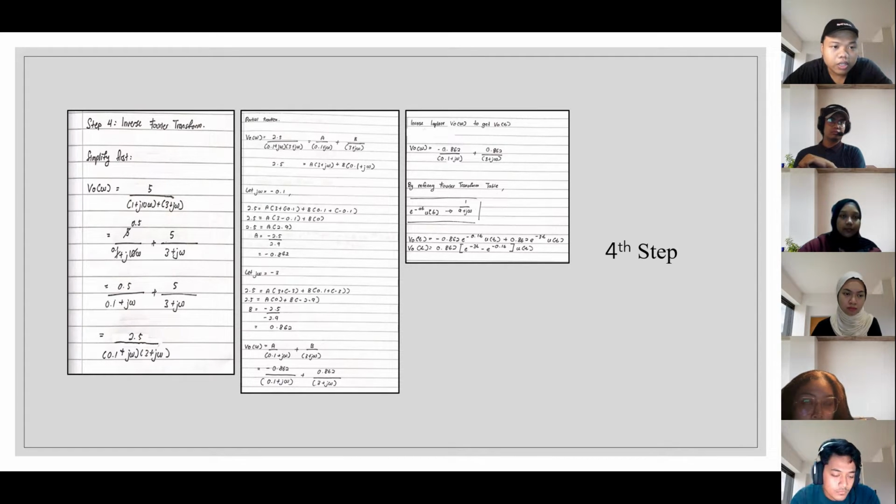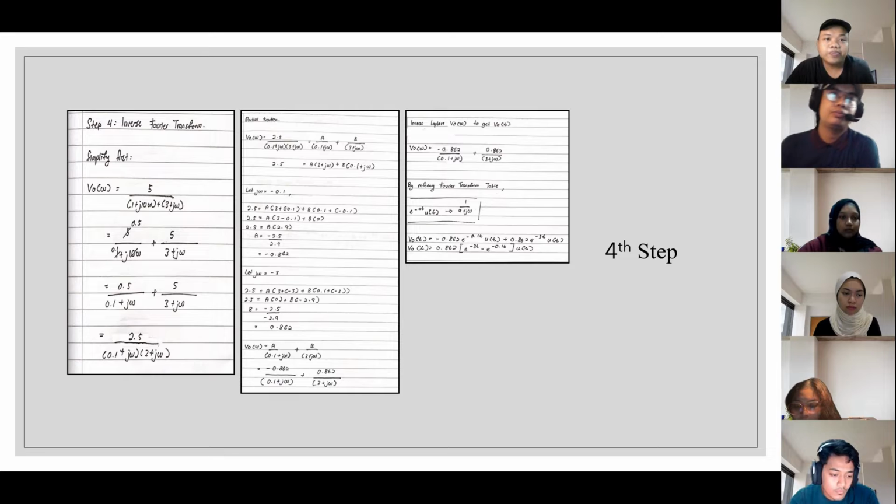Okay. The next we get 0.5 over 0.1 plus j omega times 5 over 3 plus j omega. So we get the answer 2.5 over (0.1 plus j omega)(3 plus j omega).